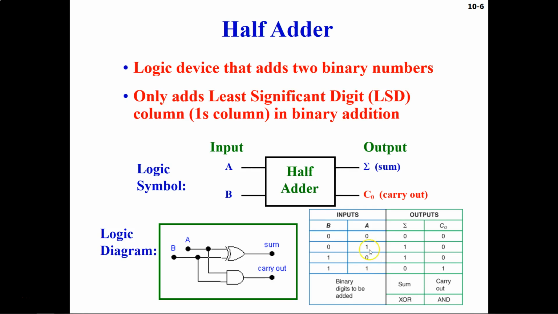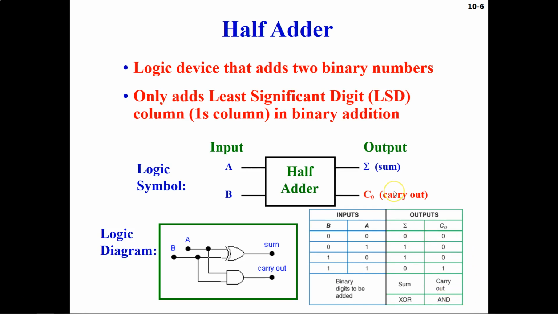So B bar A plus B A bar, that is your XOR, which is your sum. And then the carry, you see here this 1, and corresponding to that you have B and A. So that's why you use the AND gate, which equals BA.